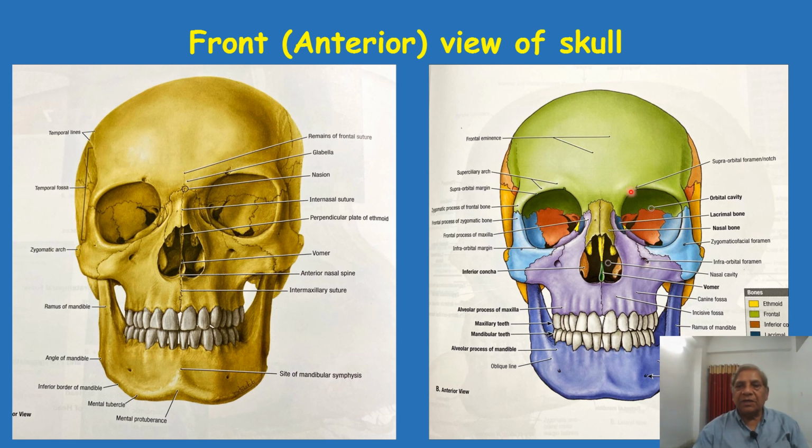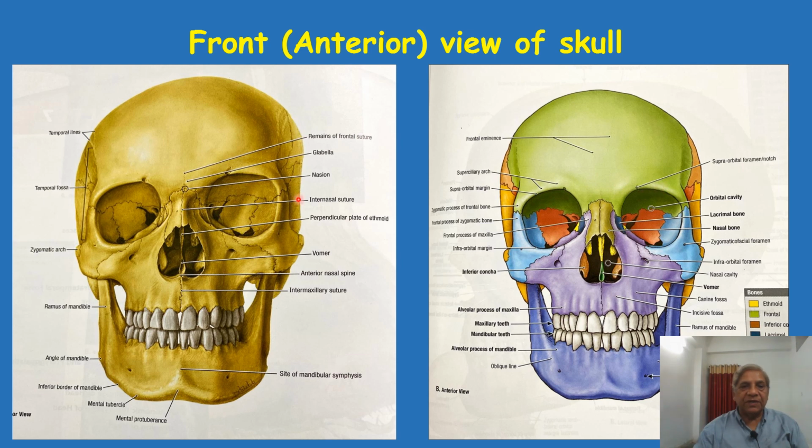Then there will be a notch sometimes seen on the superior border of the orbit very close to the medial side, and this is called the supratrochlear notch or supratrochlear groove. See here, one notch is seen. This may be the supratrochlear or it may be supraorbital also.